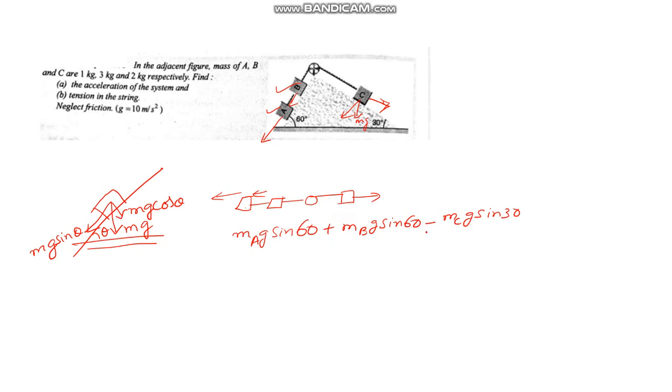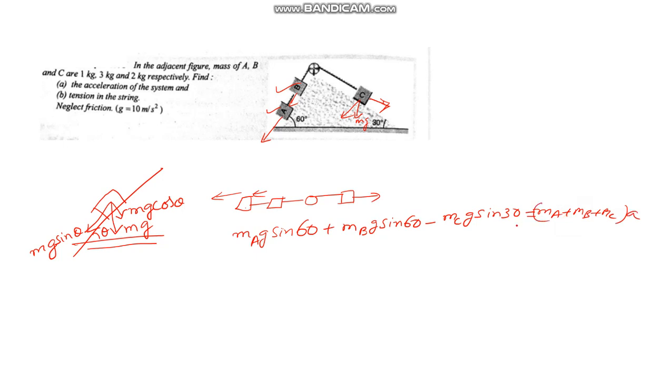So this is the net force, and this net force is acting on which object? It is acting on all the three masses. So what is the total mass here? It will be ma plus mb plus mc multiplied by a.